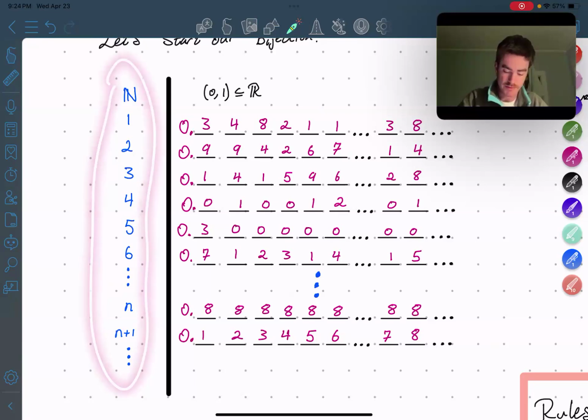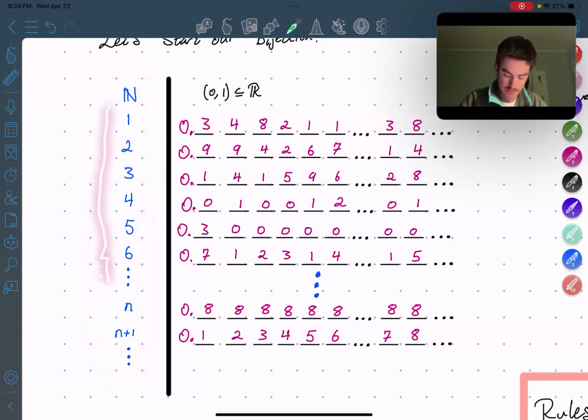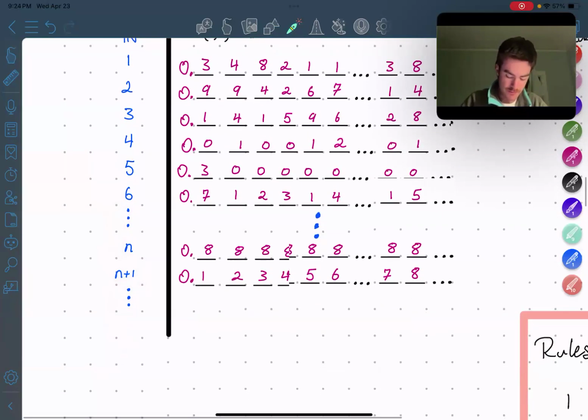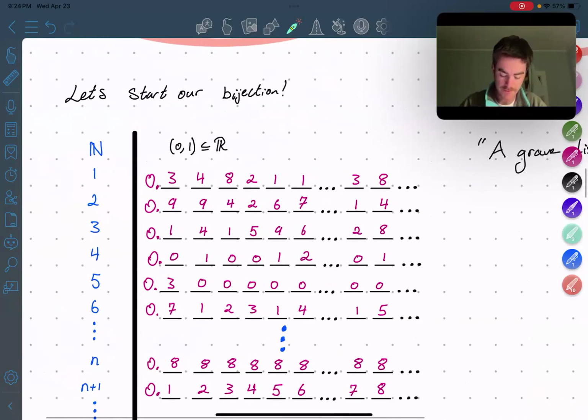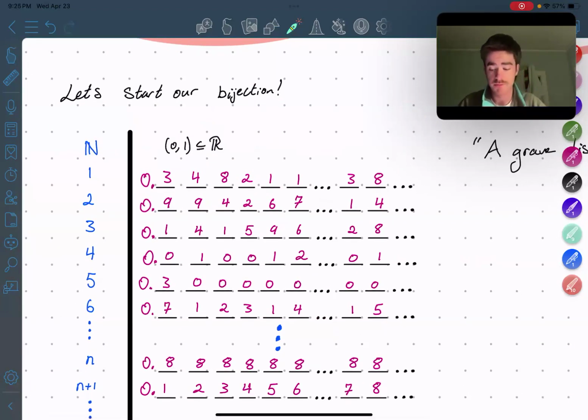This is just straight up counting up. We've hopefully seen this before. And then we do a little skip here, and then we get to some n plus 1, and then we just keep going forever. And then over here, I've got just a random assortment.